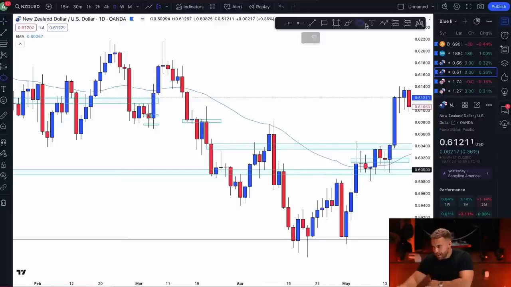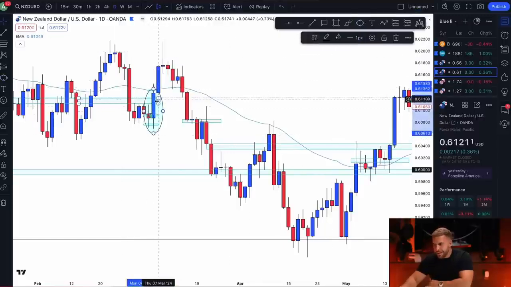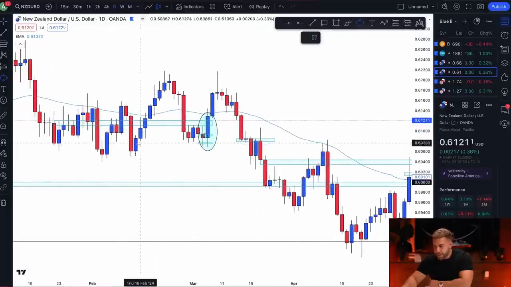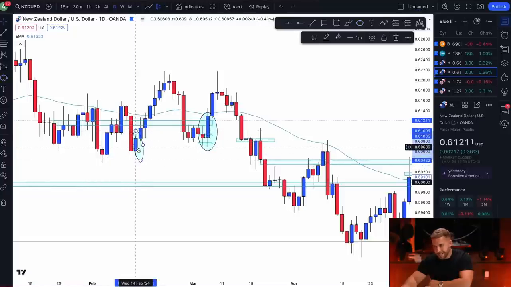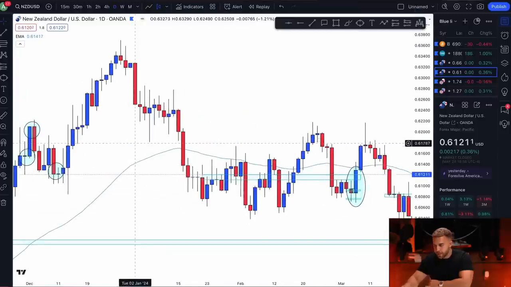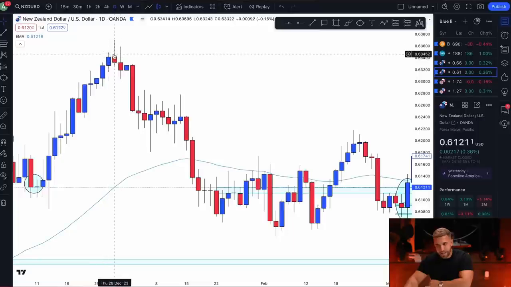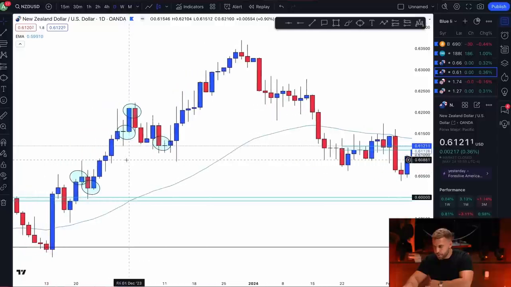You can also see a perfect example of this engulfing candlestick right here. You can see how this engulfing candlestick engulfed the last 1, 2, 3, 4 candlesticks. This right here is not an engulfing candlestick. As you can see, this little candlestick did not eat the last red candlestick, so it does not make it an engulfing candlestick. This is an engulfing candlestick because it ate the last several candlesticks.